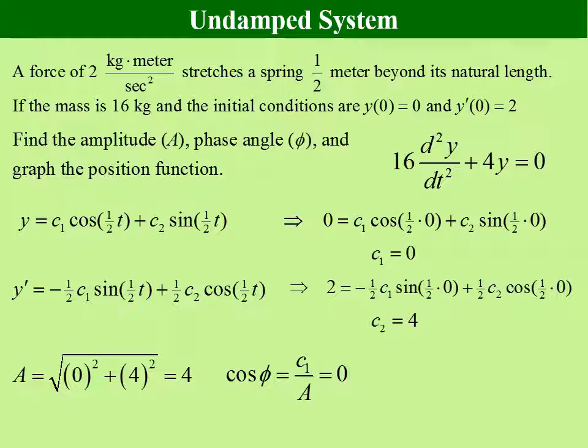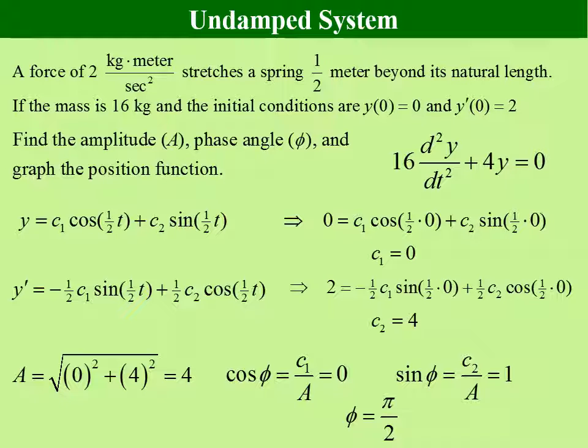And we saw that C1 was A cosine phi, which means that cosine phi is C1 divided by A, and that C2 is A sine phi, and so sine phi is C2 divided by A. After we have found A, we can find phi by finding an angle whose cosine is 0 and whose sine is 1. Well, the angle whose cosine is 0 and sine is 1, or at least the smallest positive angle of that sort, is just pi over 2.